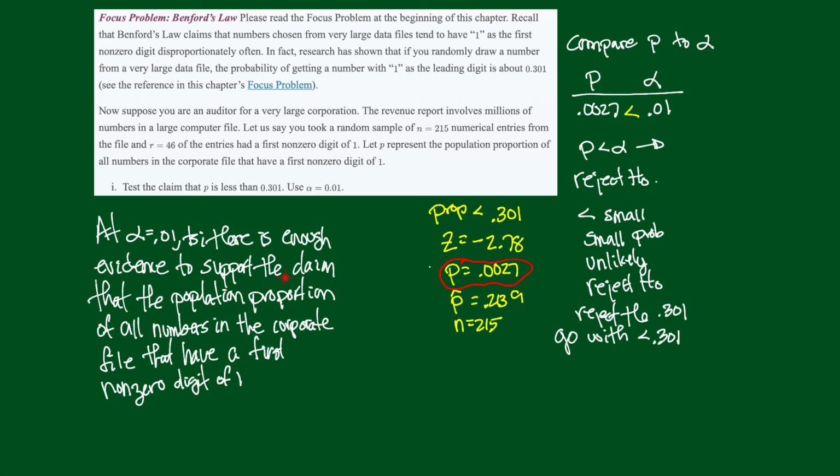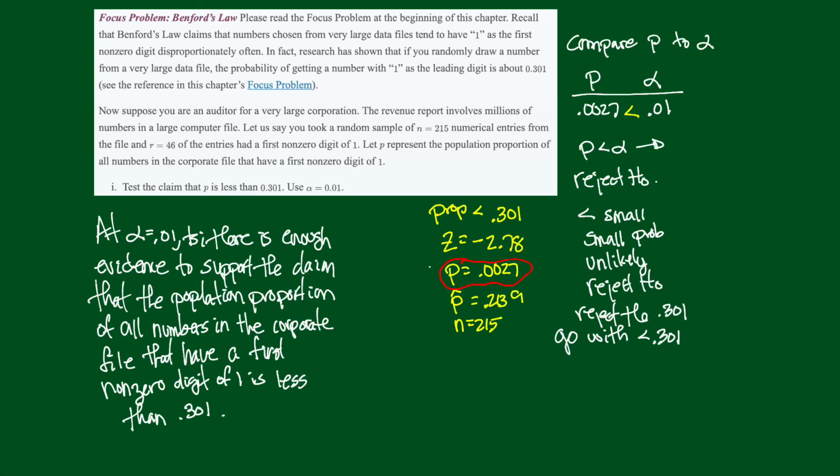There's enough evidence to support the claim that the population proportion of all numbers in the corporate file that have a first non-zero digit of 1 is, look what we're doing. We are rejecting H naught and we're going with the less than. So I'm going to say is less than 0.301.